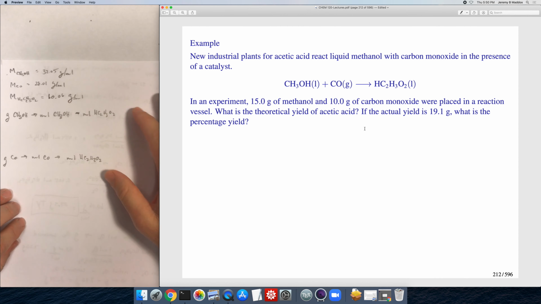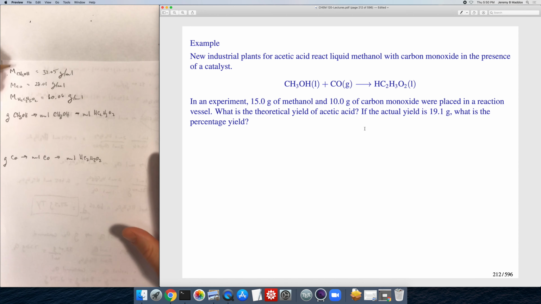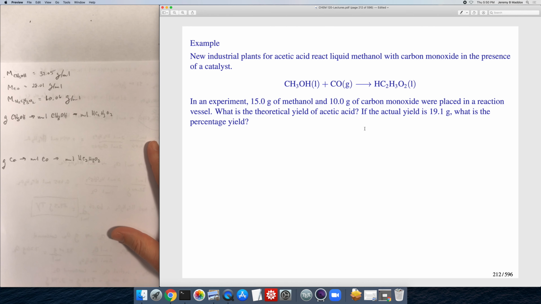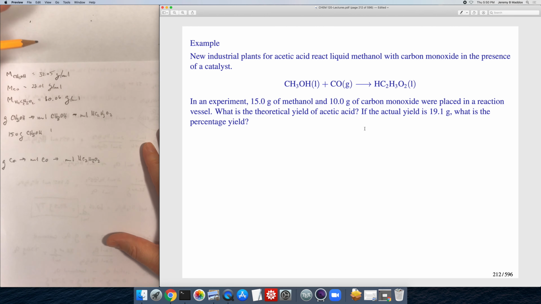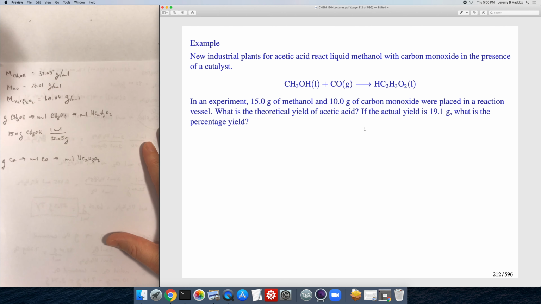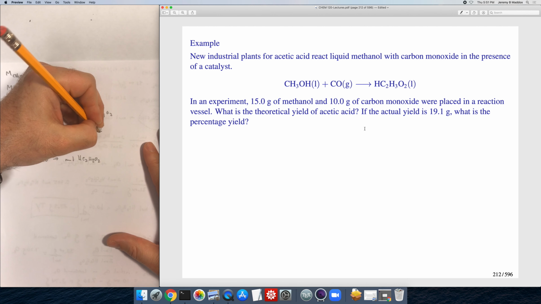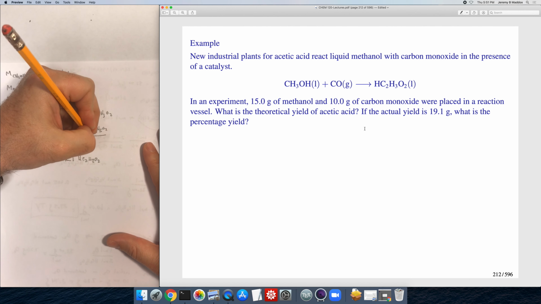And those will be the two numbers that we compare to identify which is the excess reactant and which is the limiting reactant. So, given 15 grams of methanol, we will divide by the molar mass. Then we will use the stoichiometric coefficients, which are 1 to 1, to convert that to moles of acetic acid.